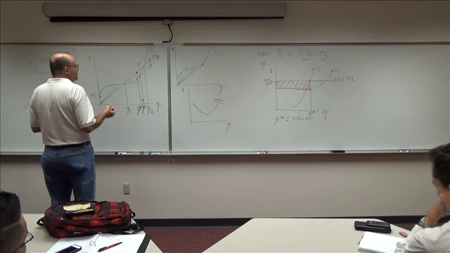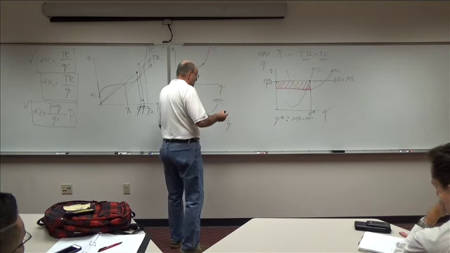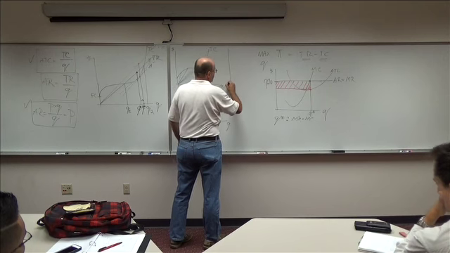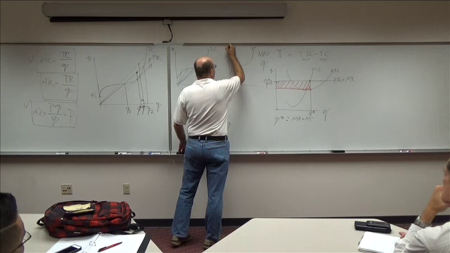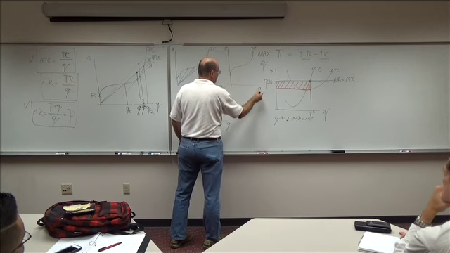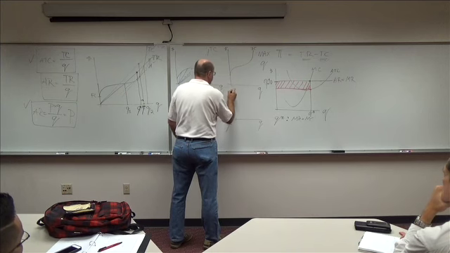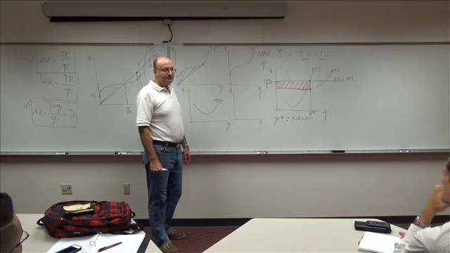So, if you want to derive marginal cost, you have to take the total cost and find its slope. Here is the total cost.